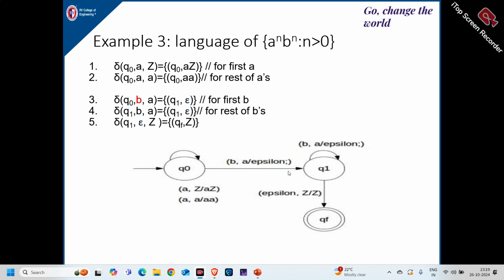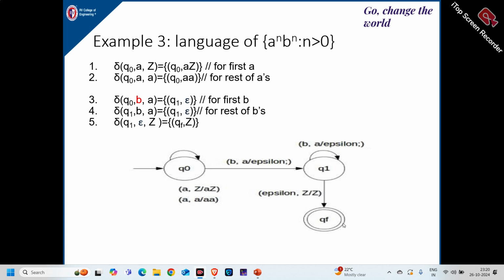And once I get b, I change the state from q0 to q1, and on b with the top of the stack a, I have to pop it, which means epsilon. Now for the rest of the b's, again b, a, epsilon. Once I get the empty string, which means I have completed the processing of the entire string, and if my top stack symbol is Z, I retain the Z and go to the final state.